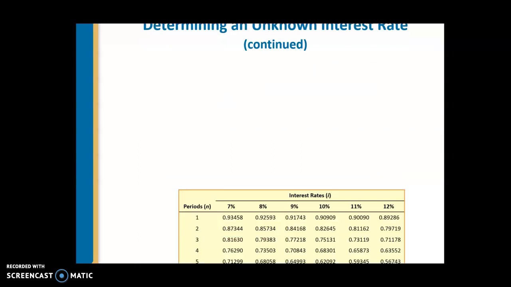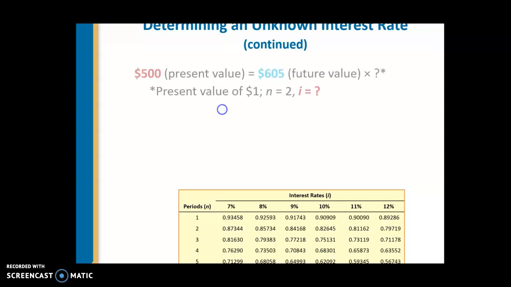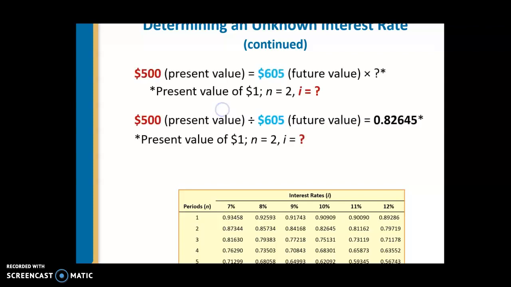We can solve for the interest rate in 2 easy steps. First, divide the present value by the future value to calculate a factor. $500 divided by $605 equals 0.82645.